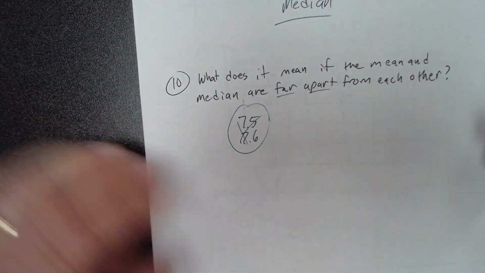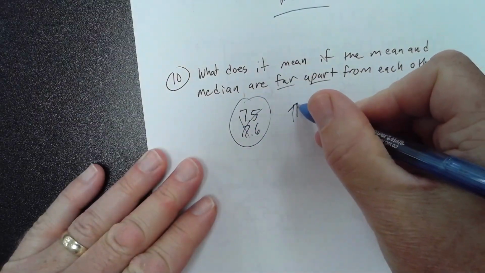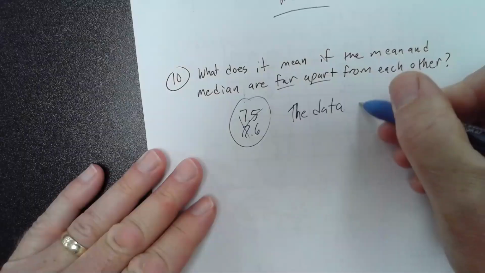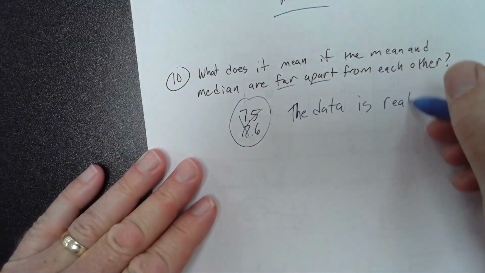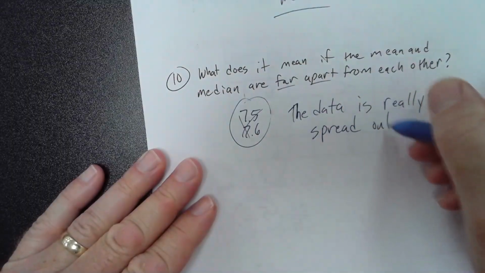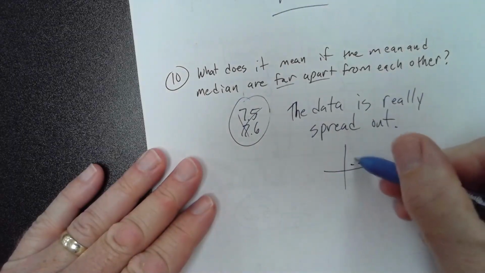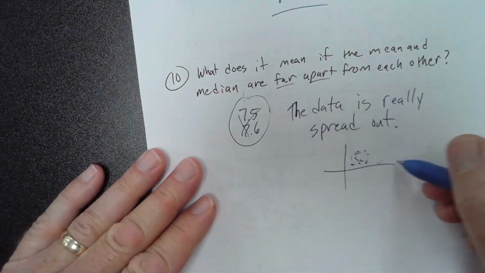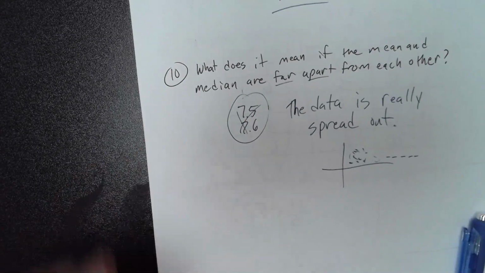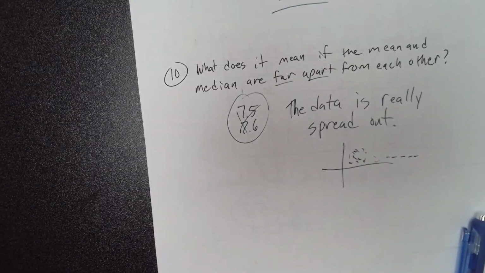Something is probably skewed. Maybe there's an outlier. Like on the dot plot, where there'd be a whole bunch of dots here, and then a few straggling dots out here, which would make it really spread out. So that's kind of the idea with that. My dot plot was just really fast to show you. All right, so that's the quiz. 10 minutes, boom.